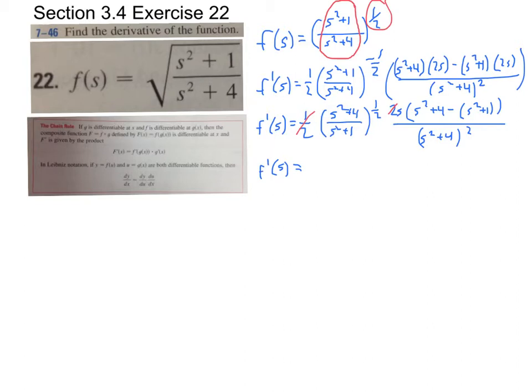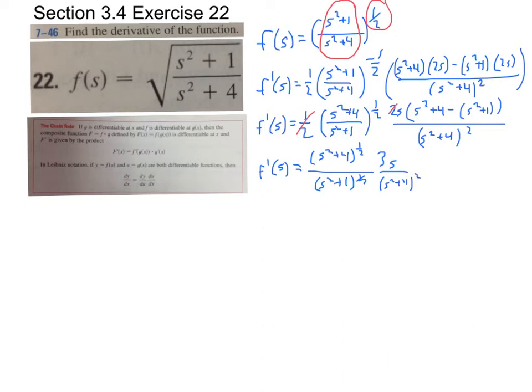So I'm going to rewrite this second term as s squared plus 4 to the 1/2 over the quantity s squared plus 1 to the 1/2. And then I still have an s up here, and I can subtract these two things. S squared minus s squared is going to be 0, and 4 minus 1 is going to leave me with a 3. And then I still have the quantity s squared plus 4 squared on the bottom.